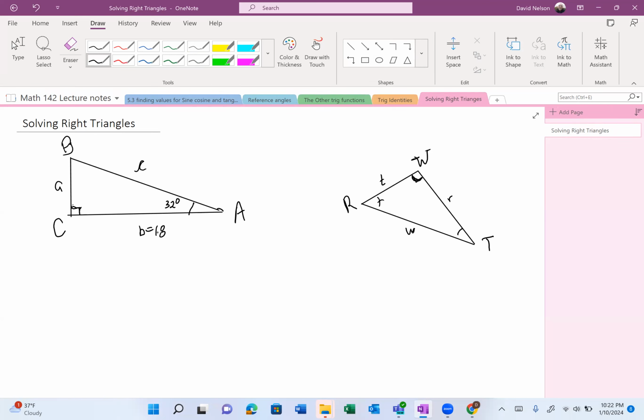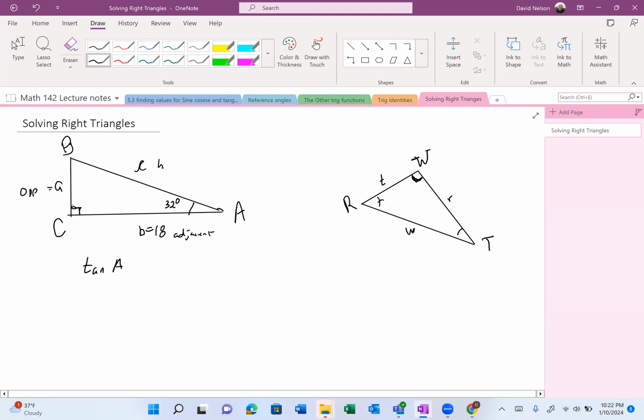Well, we know that if I stay with 32 degrees, I know that the tangent of A is, well, what sides do I have? Well, little a over here would be the opposite side. And then with B, if I'm working with the angle A, side b is the adjacent.